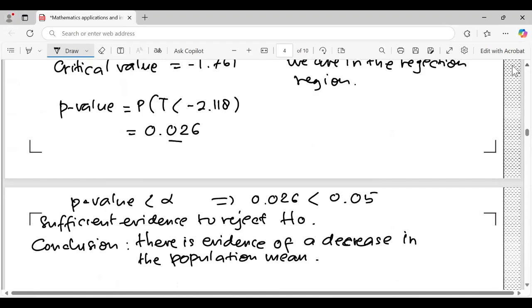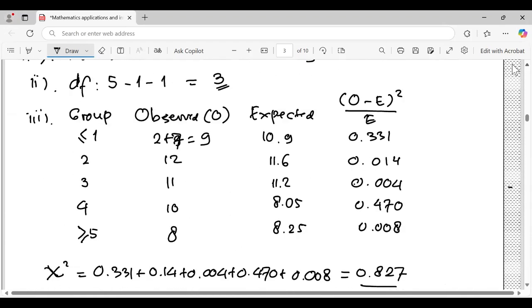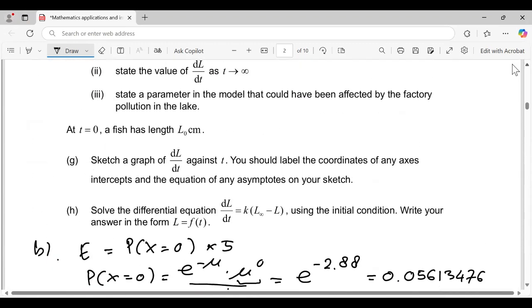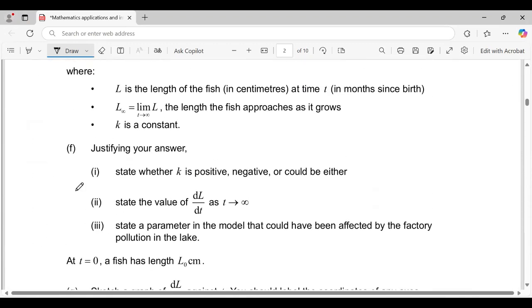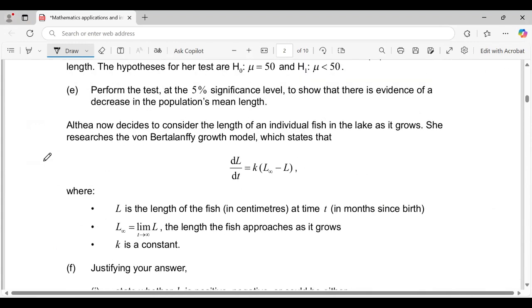Next question. Part F. Althea now decides to consider the length of an individual fish in the lake as it grows.